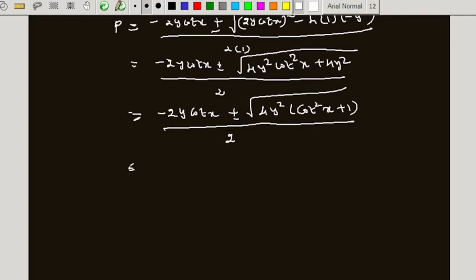Taking the square root, minus 2y cot x plus or minus 2y times the square root of cot square x plus 1, and cot square x plus 1 is nothing but cosecant square x. The square root of cosecant square x is cosecant x.